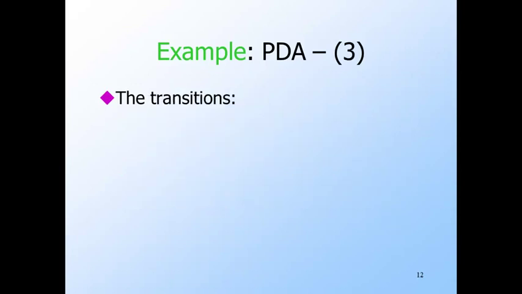Here's the transition function of our PDA. Initially, Z0 is at the top of the stack. When we see the first 0, we push an X onto the stack. Notice that the replacement string is XZ0. That string replaces Z0, but the net effect is that the Z0 remains and X is pushed onto the top.